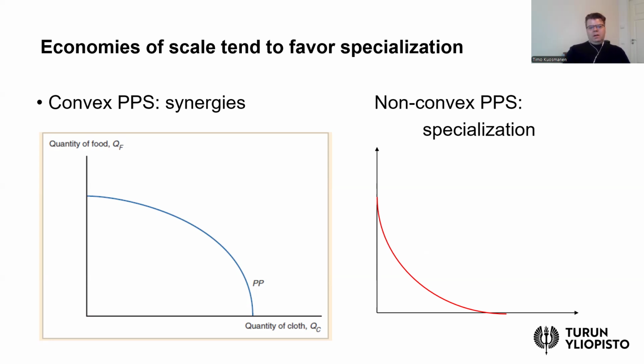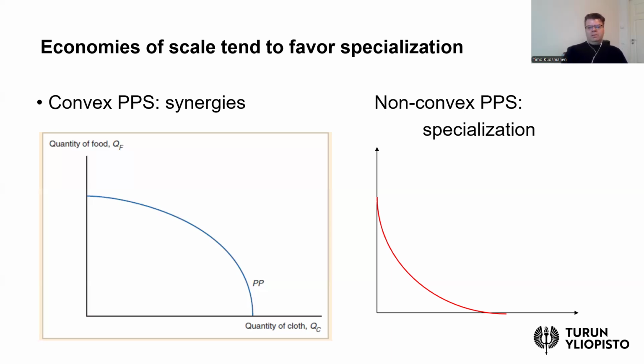However, what if the production function is not concave, but convex? If we have economies of scale, then the situation might look like in the right panel of this slide. We could have this kind of non-convex production possibilities, at least at certain endowments of production factors.